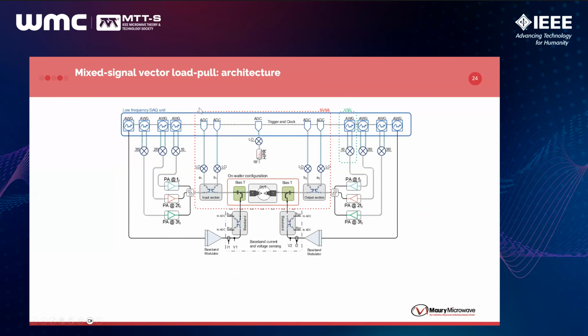The structure of such a system requires, of course, AWGs to generate the signal. We were able to synthesize impedances at the input and at the output, at the harmonics as well as at the fundamental. Another aspect, and this is some of the requirements from customers, is to tune the baseband of the signal to increase the linearity.